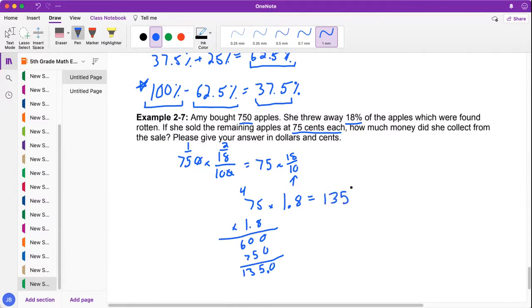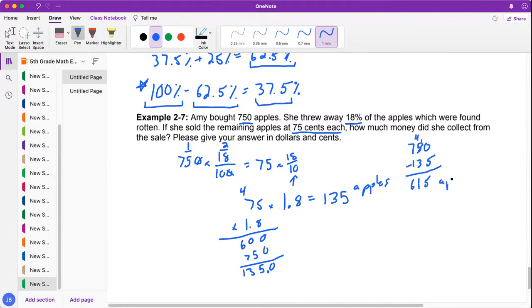So we get 135, and that's apples, right? So she threw away 135. So then we would do 750 minus 135, which is 615.